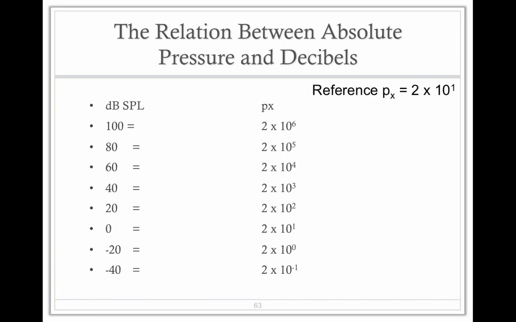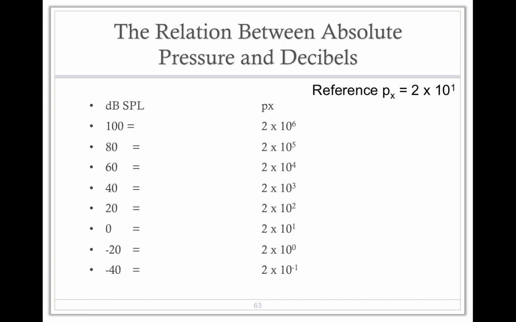The absolute value, 10 to the, is in the right column, and we have our reference for dB SPL, 10 to the first micropascals. So if we took the first value, 2 times 10 to the 6th over 2 times 10 to the first, what do we get? We get 5. 5 times 2 is 10 times 10. Remember, we're talking about decibels, and 100 is our answer, dB SPL.